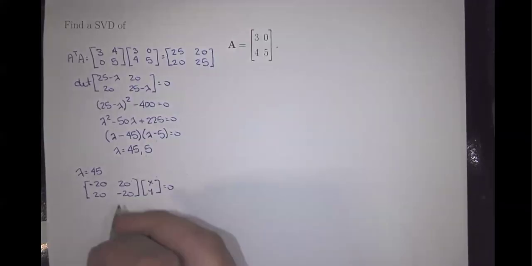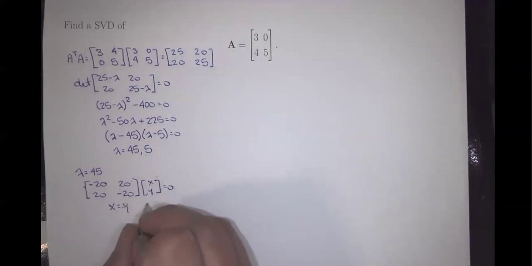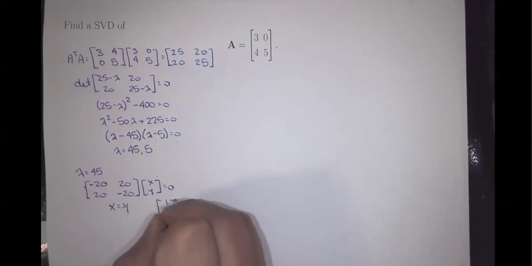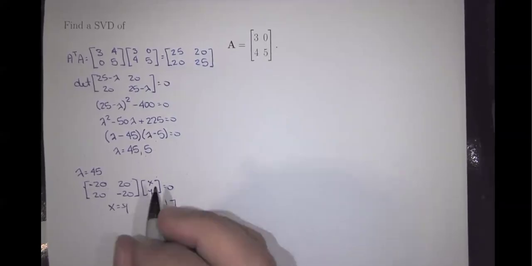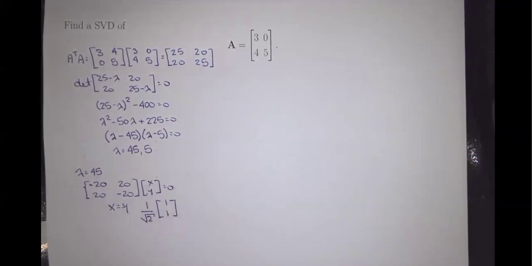Okay, and so this gives us the relationship x is equal to y, which gives us the eigenvector 1, 1, and we want to normalize that. So we'll multiply by 1 over root 2 because the length of that vector is root 2. Excellent. So this gives us our first eigenvector.